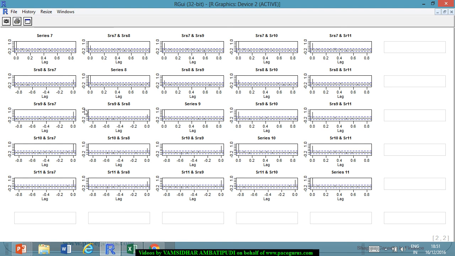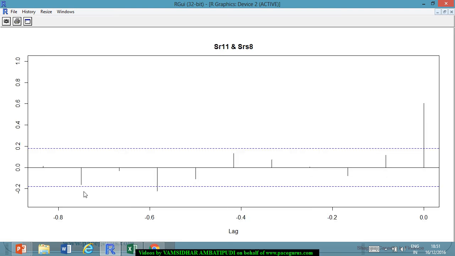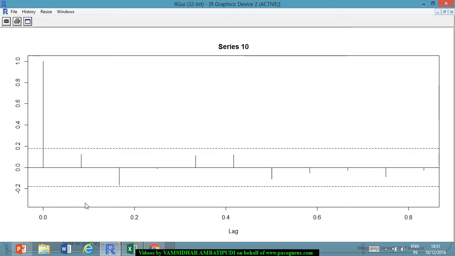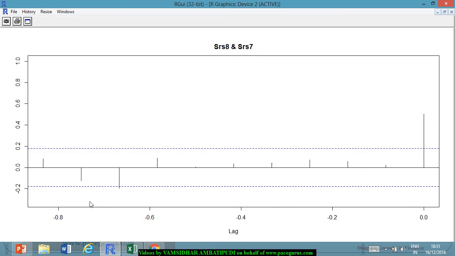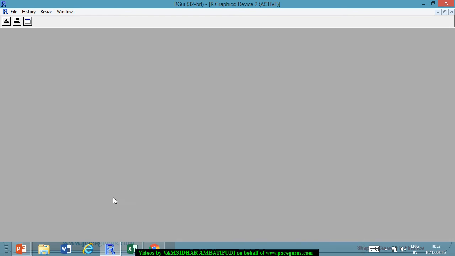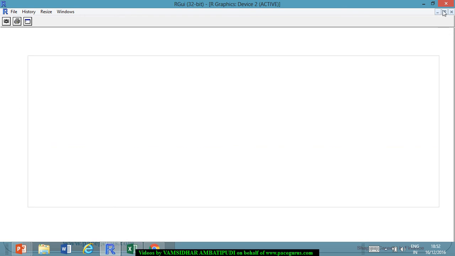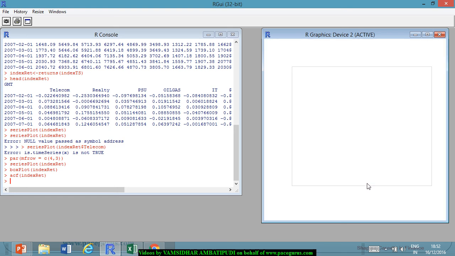I could see for all the lags, these are the different autocorrelations that are getting computed.